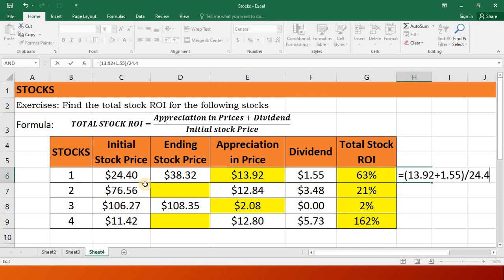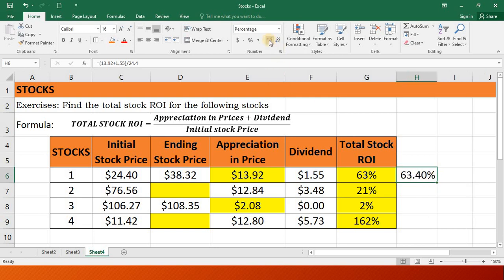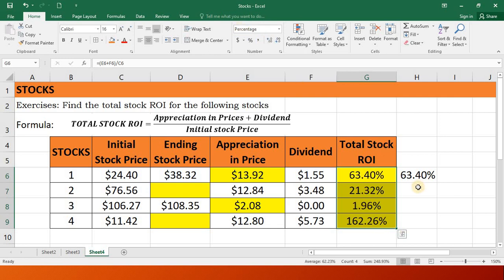So when I hit enter, the value is 0.634, but if I transform this into percentage, this should be 63.4%. So in a similar manner, let me place this in 2 decimal places. There you go.